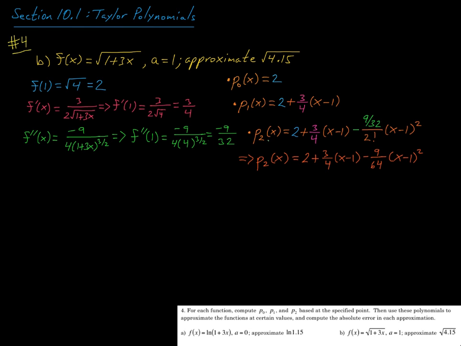And then for P2 of x, we have f of 1, which is 2, plus f prime of 1, which is 3/4, times x minus 1. And then we have plus f double prime of 1, so that's minus 9/32, and then we divide that by 2 factorial, and then that's multiplying x minus 1 squared. And we can simplify that to 2 plus 3/4 times x minus 1 minus 9/64 times x minus 1 squared.